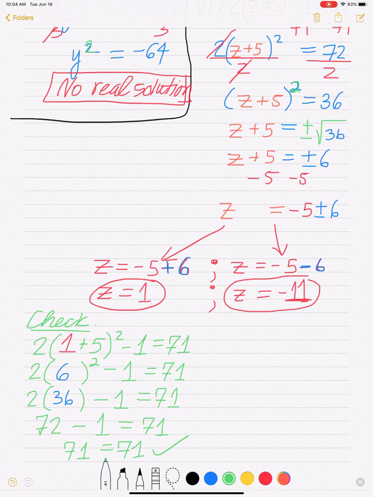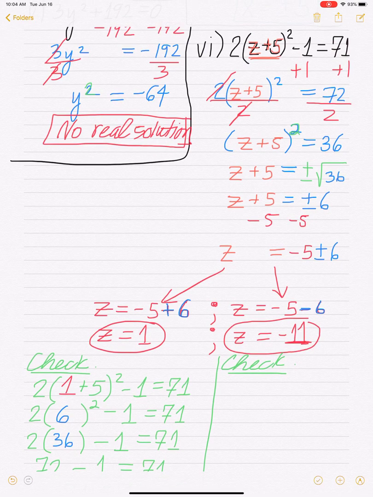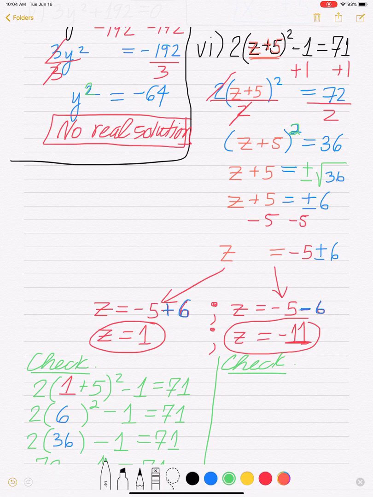Let's try z equals negative 11. So I'm going to take my equation and plug in negative 11. So I'm going to have 2 blank plus 5 squared minus 1 equals 71. So in place of the z, I'm going to put a negative 11.